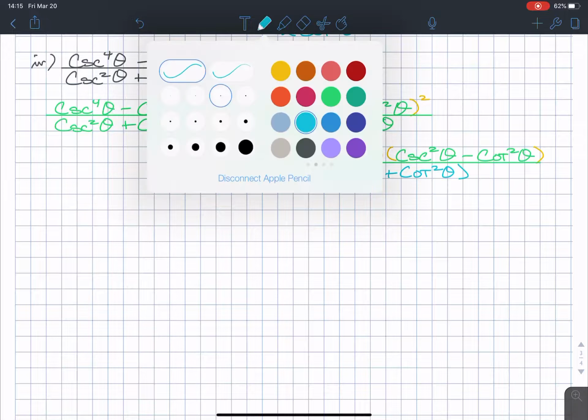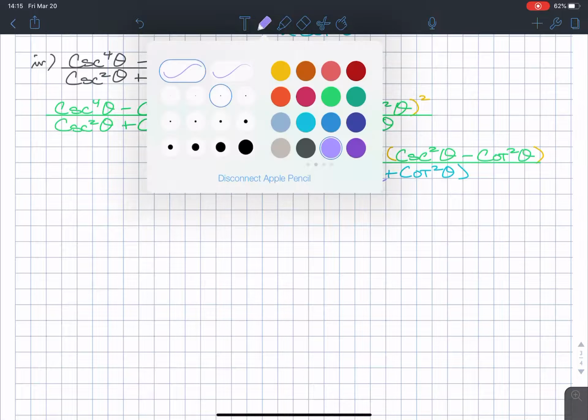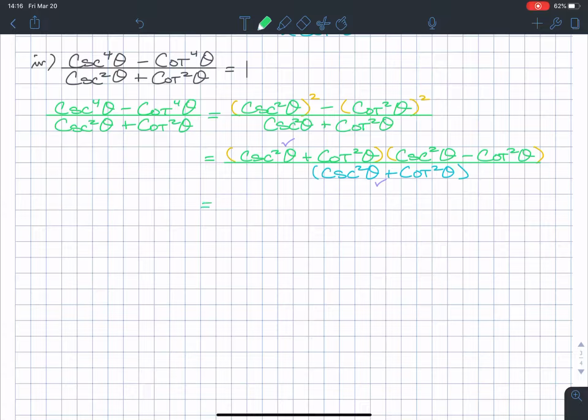We'll notice that this first factor reduces, leaving us simply with cosecant squared theta minus cotangent squared theta.